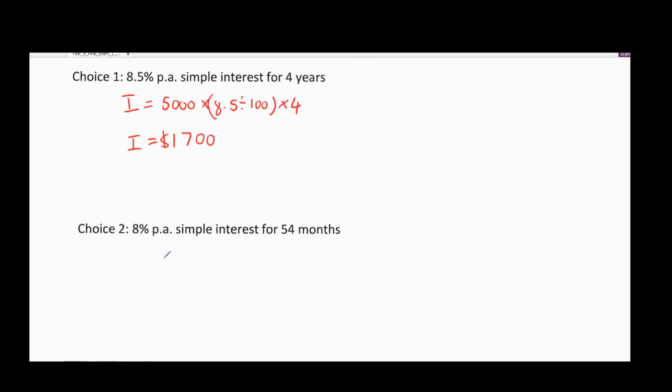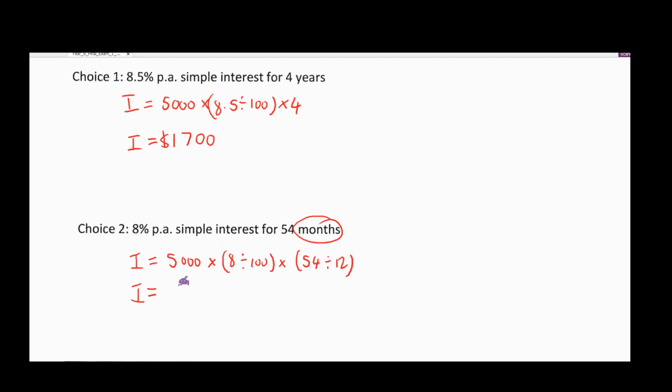What about this next one? 8% for 54 months. Interest is going to be 5,000 times by 8 divided by 100 times by 54 divided by 12, because then you make these months into years. To make months into years, you divide by 12.